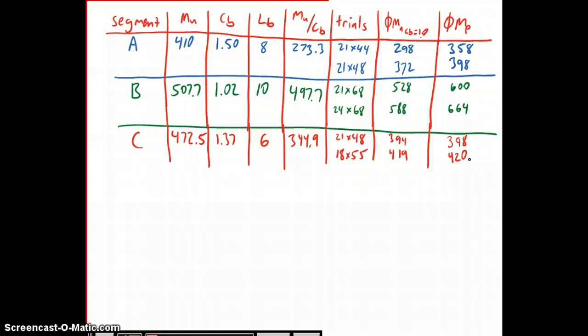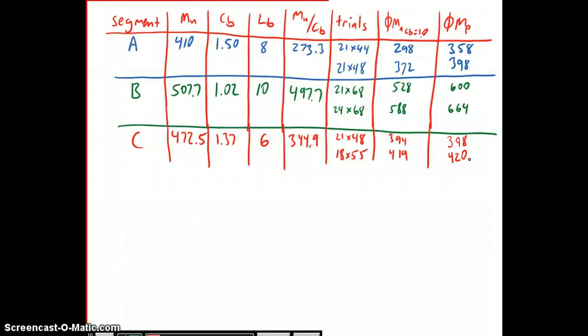Now it turns out we have all three of those things, worst case scenarios, in segment B. Segment B has the highest moment of all three segments, the lowest C sub B, and the longest L sub B. So we probably could have just focused in on segment B all along. But we went through segment A, B, and C just for practice.